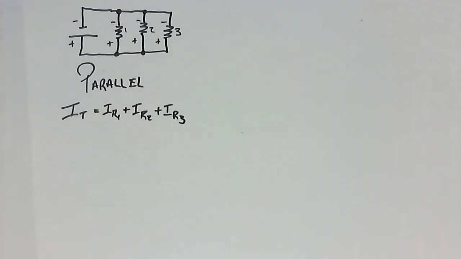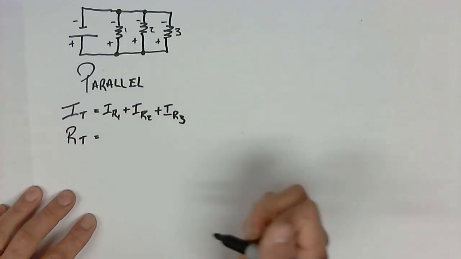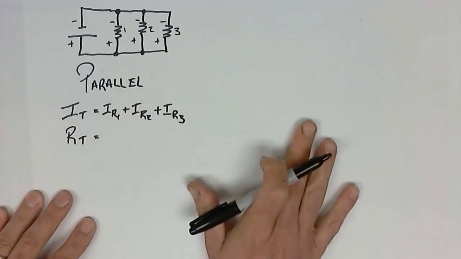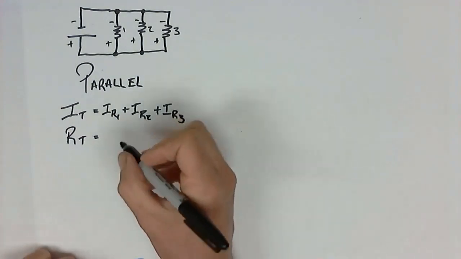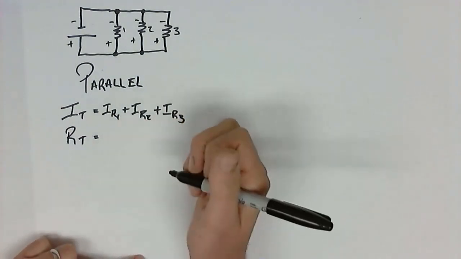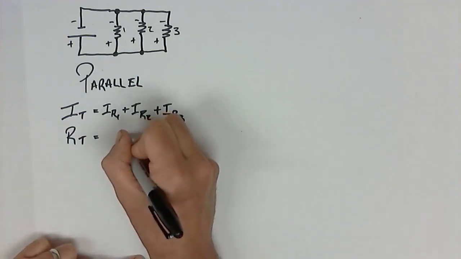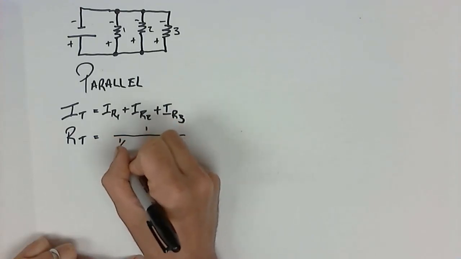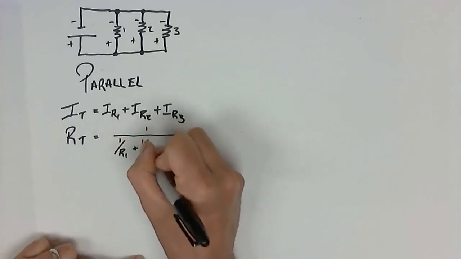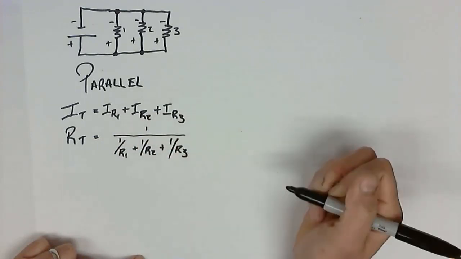What about the total amount of resistance? R total. Well, there's two different ways for us to calculate this, or to show it, or to use your calculator with. The first one is called the reciprocal method. So that's where we have all fractions. 1 over R1 plus 1 over R2 plus 1 over R3.